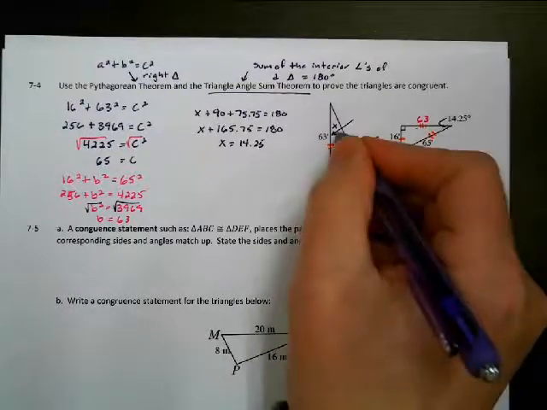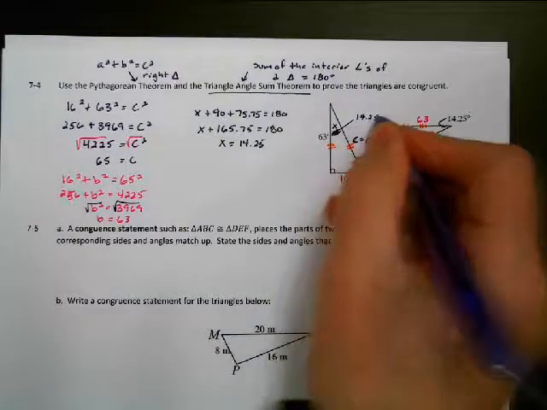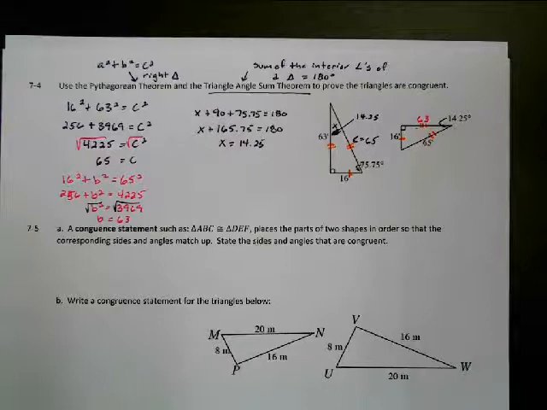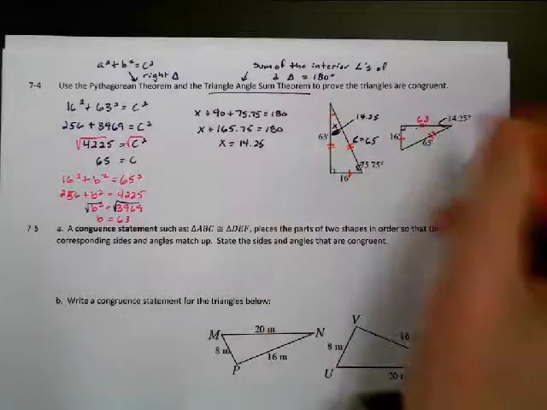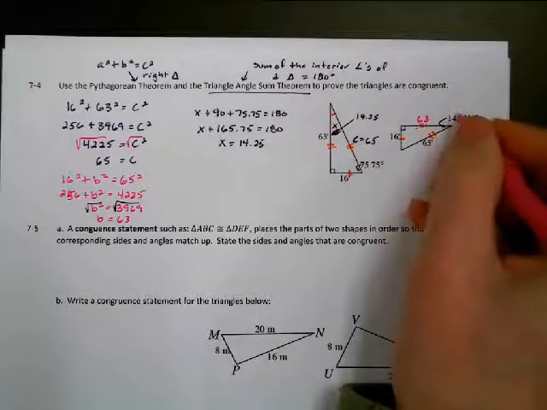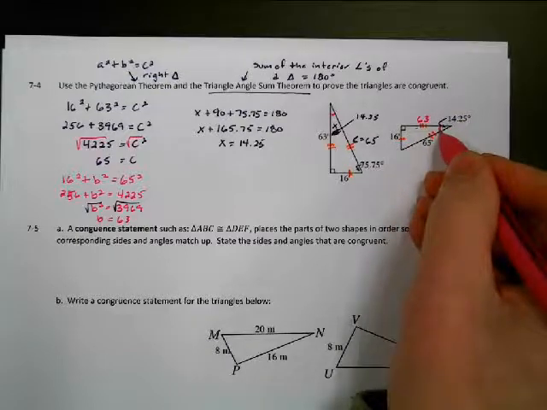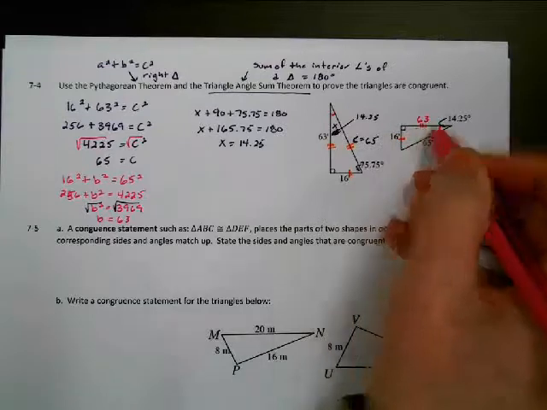So what we see now is that this angle corresponds to this angle. So here we put an angle mark. So see, I put one angle mark there, one angle mark there. So those go together. And then that means this one's going to have to be 75.75 as well, because they're all going to add up to 180.